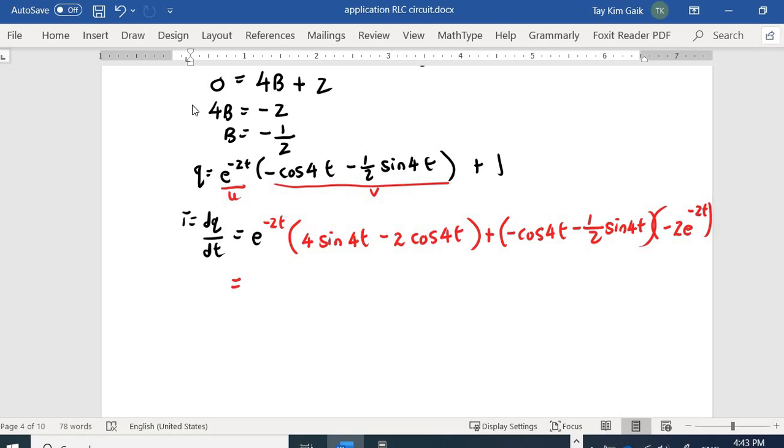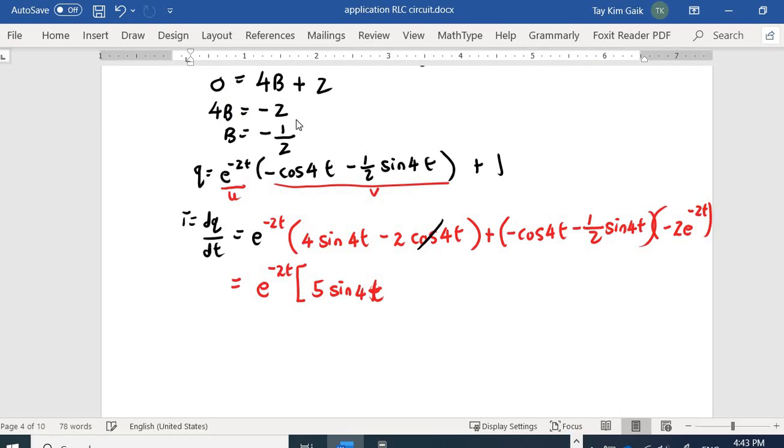So 4 sin 4t, this one sin 4t. Negative 2 times negative half, so that means positive 1 sin 4t. So in total, with negative 2t, for sin we have 5 sin 4t. Now this is negative 2 cos 4t. Negative and negative is positive.